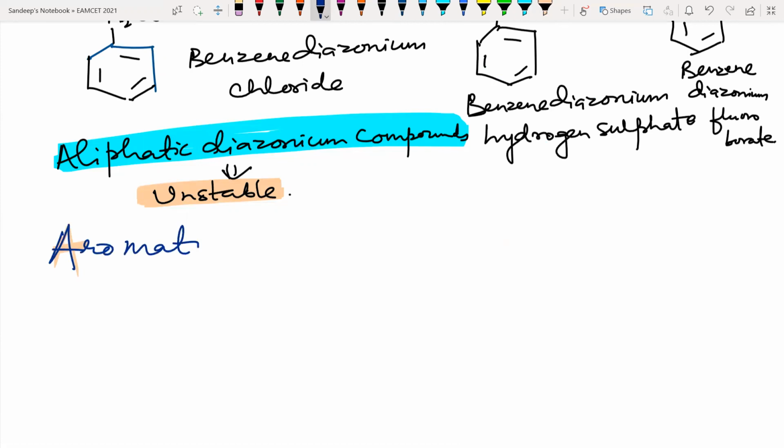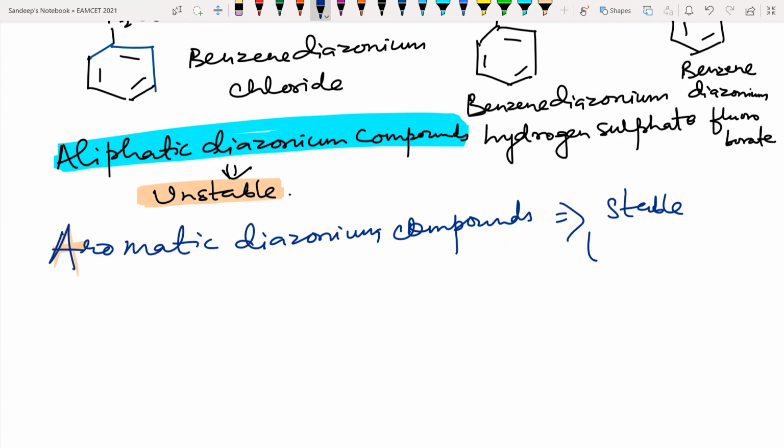Aromatic diazonium compounds are stable, and their stability is due to resonance.